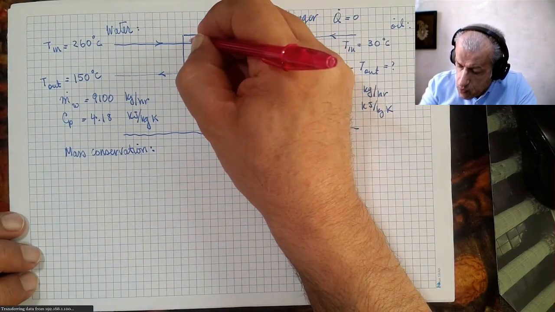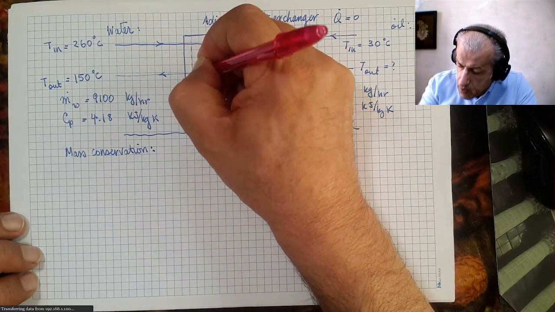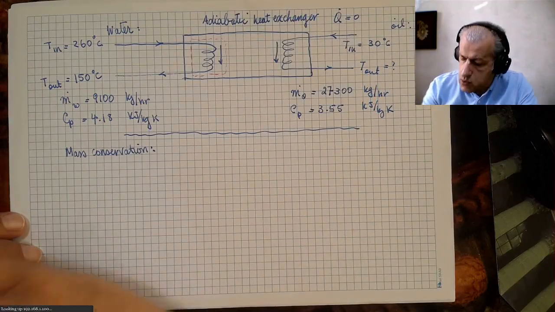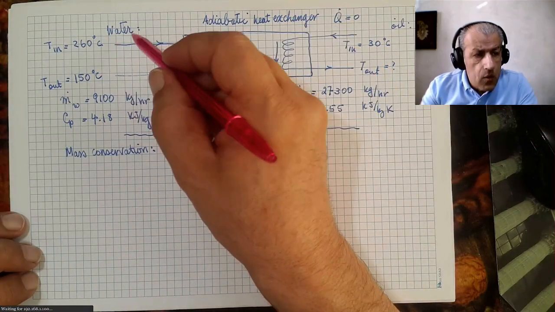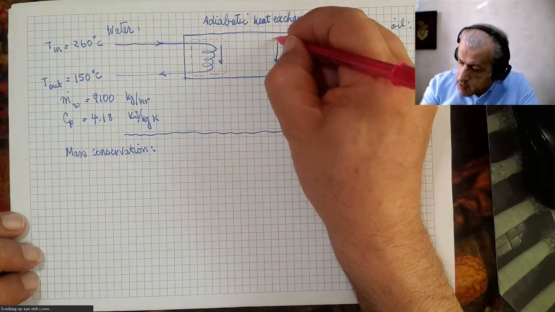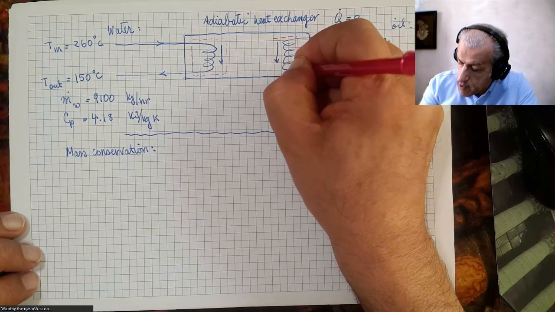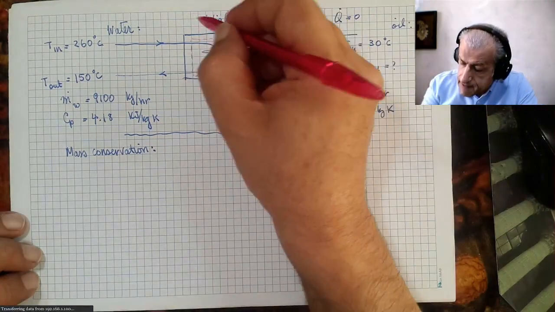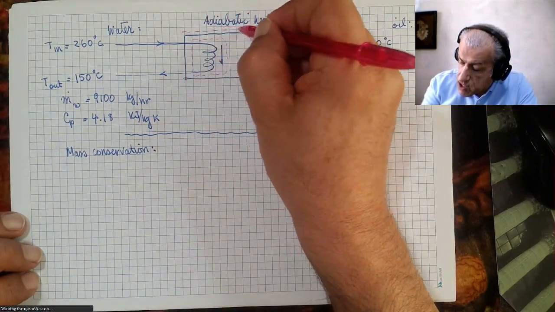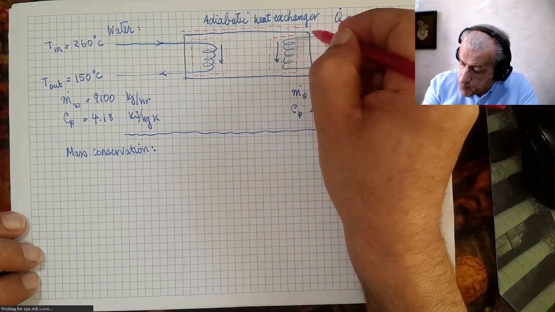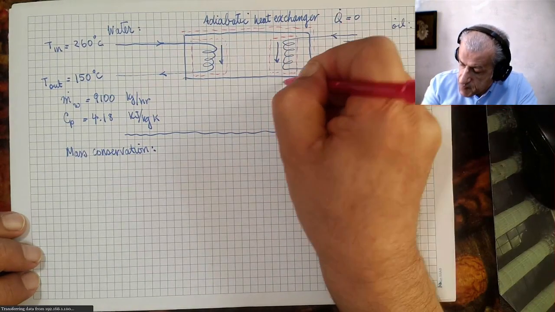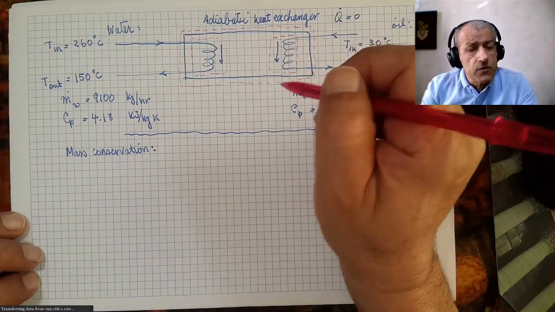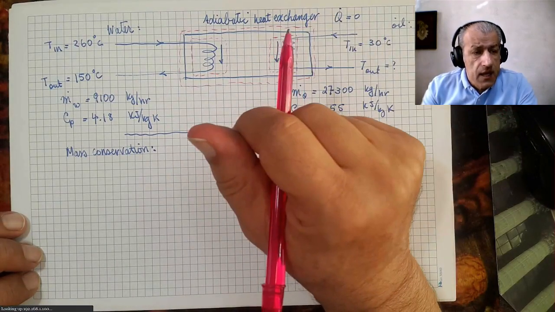One control volume is this one, which is just around water. The next one is this one, which is just for oil. The third control volume is the whole heat exchanger. And there is a fourth control volume, which I shall come to later on.